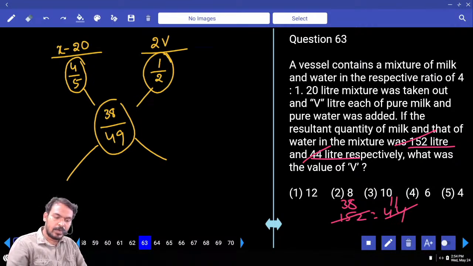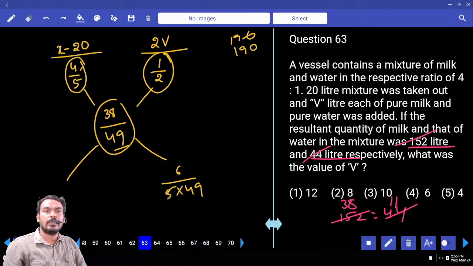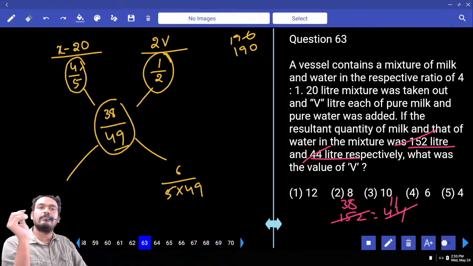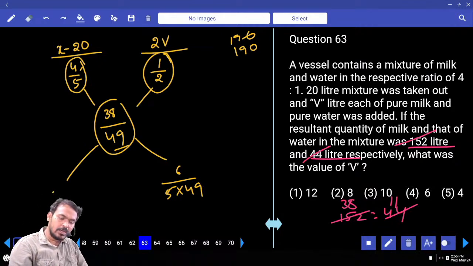Okay. 49 times 4 is how much? 196. 38 times 5 is 190. The difference is how much? 6 by 5 into which one? 49. Another one: 49 times 1 is 49. 38 times 2 is 76. The difference of 49 and 76 is 27, so 27 by 49 into 2, or not?